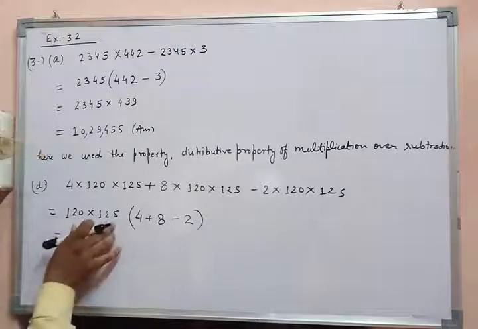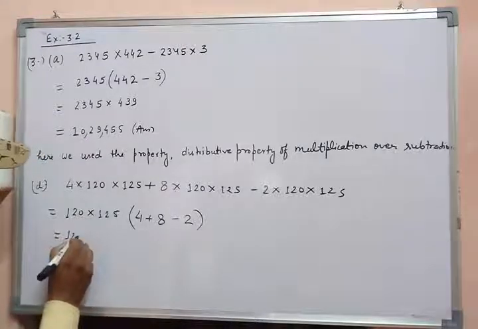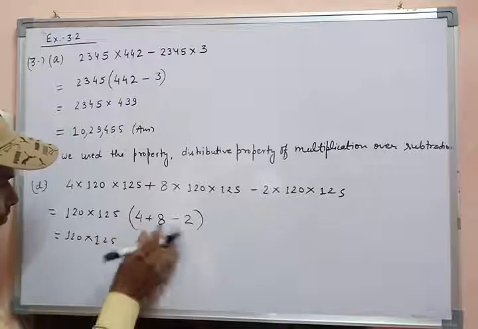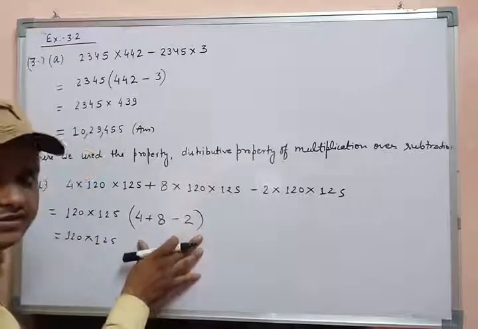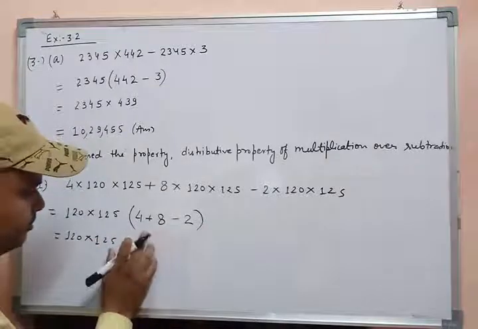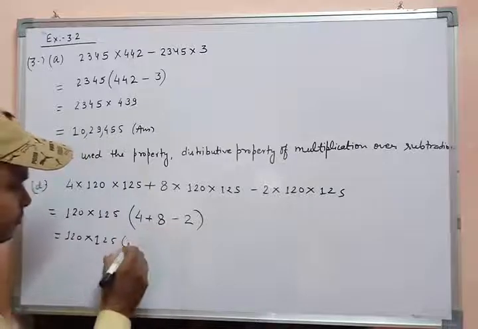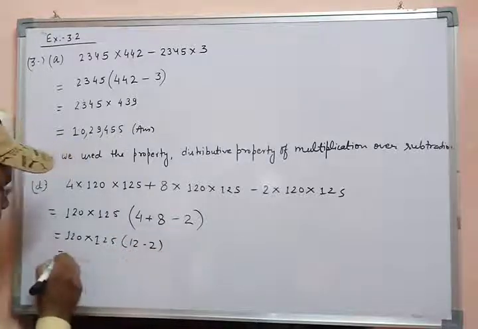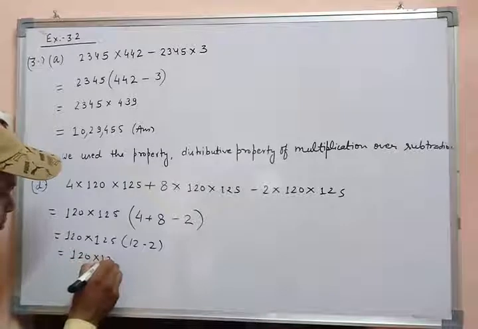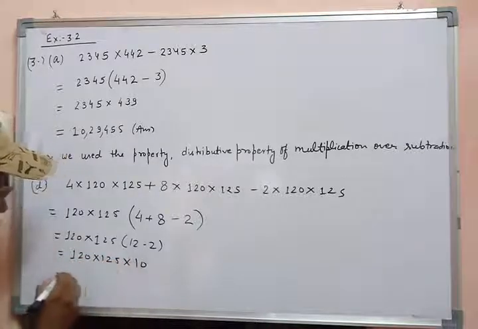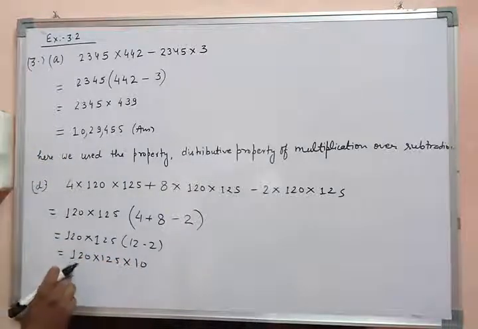So we will get 120 into 125, and first of all we have to solve this bracket part. 4 plus 8 is 12, 12 minus 2 is 10. Now we have to multiply this number.